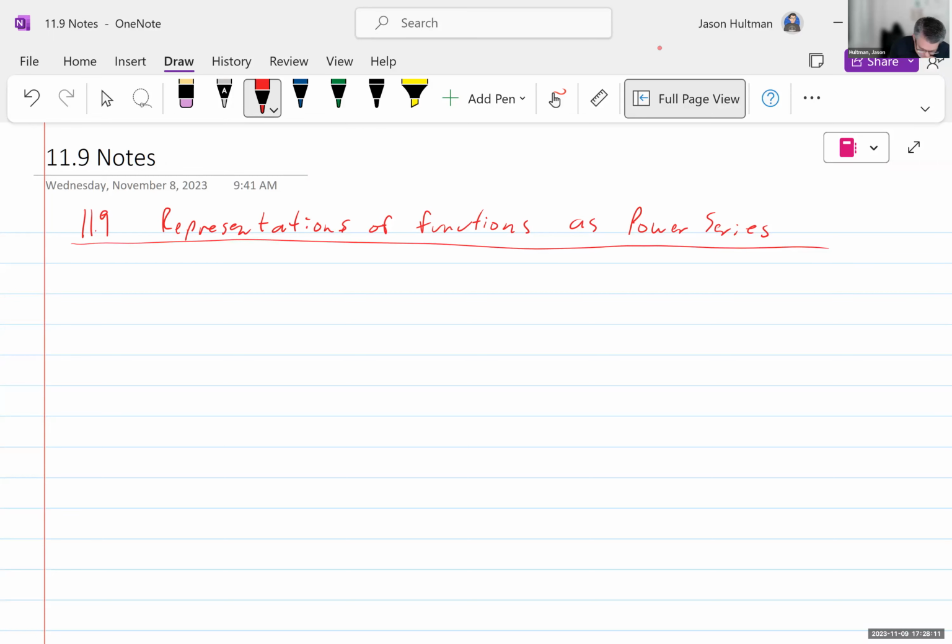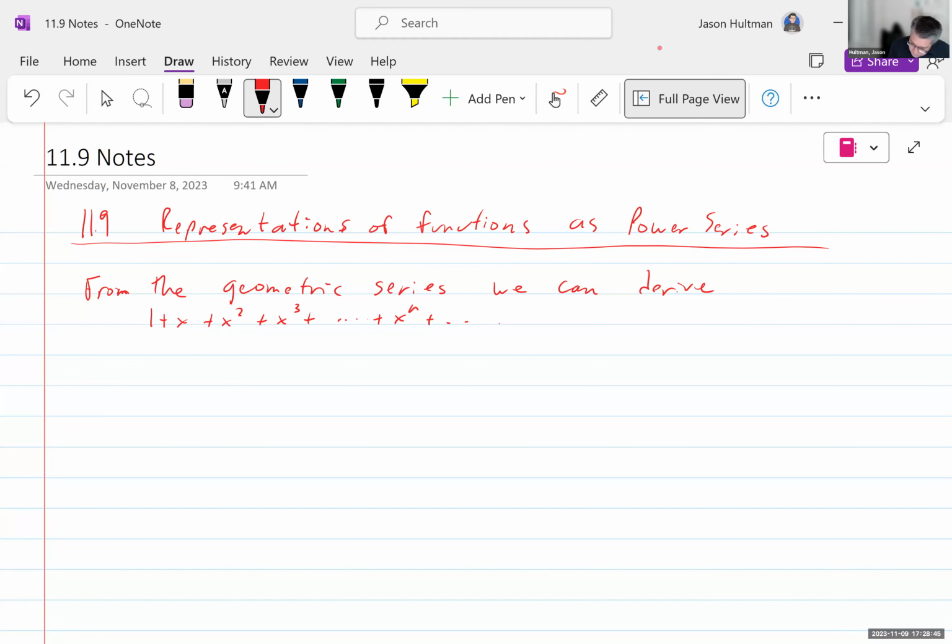Okay, from the geometric series, remember those guys? We can derive 1 plus x plus x squared plus x cubed plus ... plus x to the n plus forever.